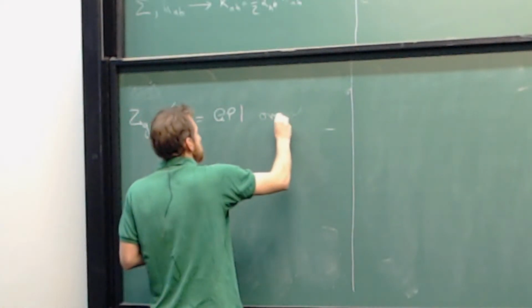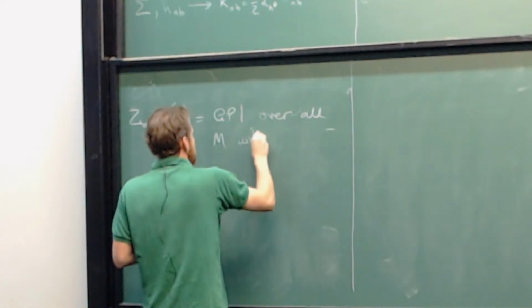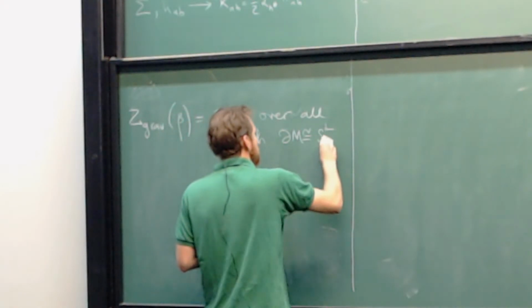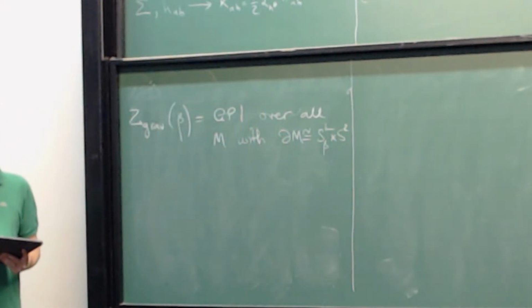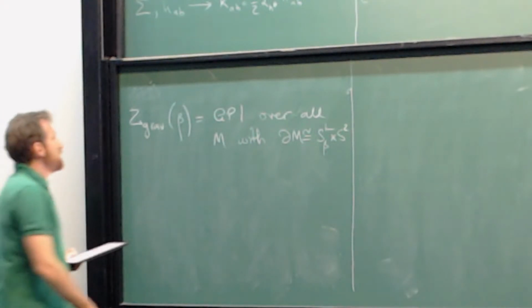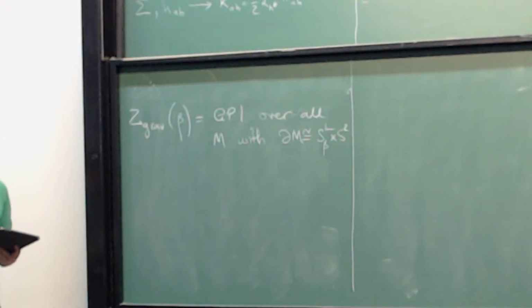Let's fix it to be the two-sphere, just because this way we can use that particular metric, okay? And the statement is that this is the partition function of this system at this temperature.